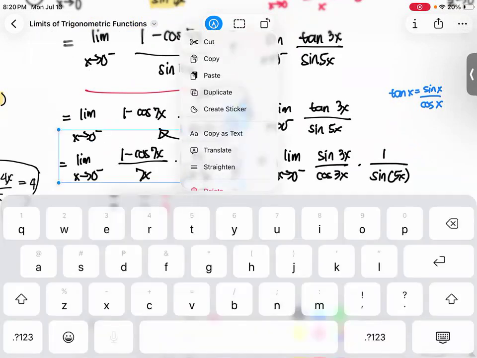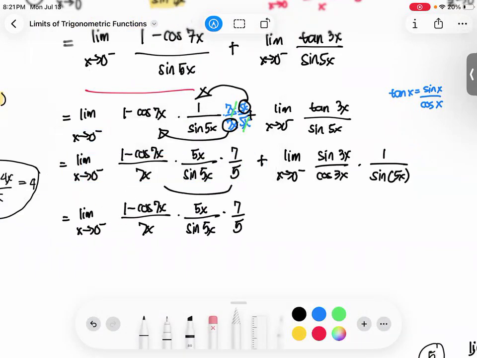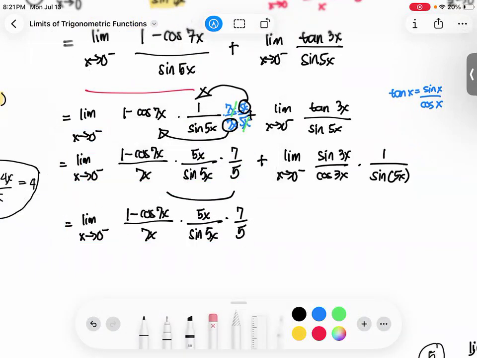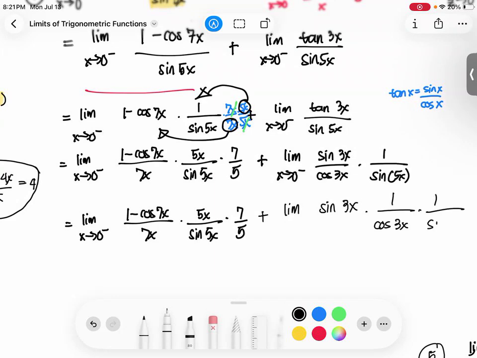Okay, now we can write this to be plus the limit of sine of 3x, then let's leave out sine there. Let's decompose the cosine of 3x at the denominator. So times 1 over cosine of 3x times 5x over sine of 5x as x approaches 0 from the left.